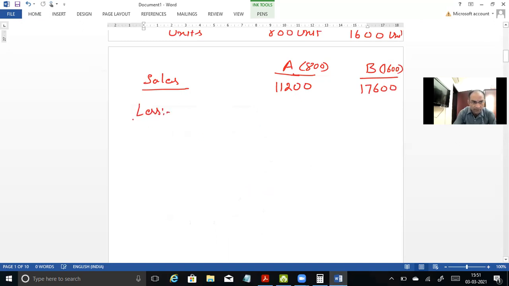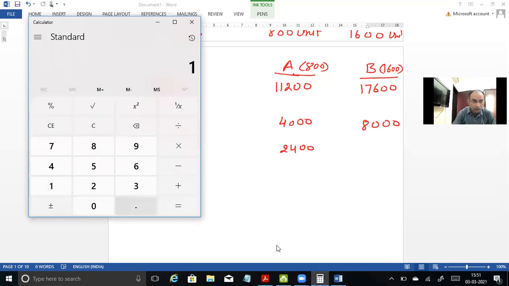And from this, we will subtract all our variable costs. So material, as you know, 5 rupees per unit. So 5 times 800 is 4,000, and here 5 times 1,600 would be 8,000. Labor here was 3 rupees per unit, and here it was 1.5. So 3 times 800 is 2,400, and 1.5 multiplied by 1,600 would be 2,400.